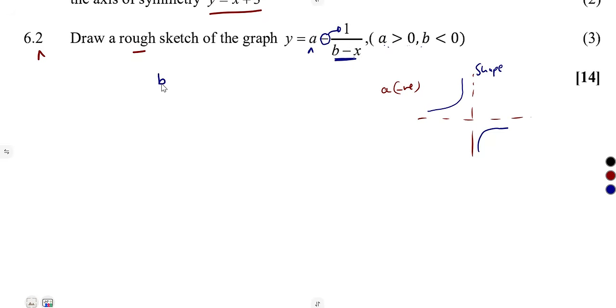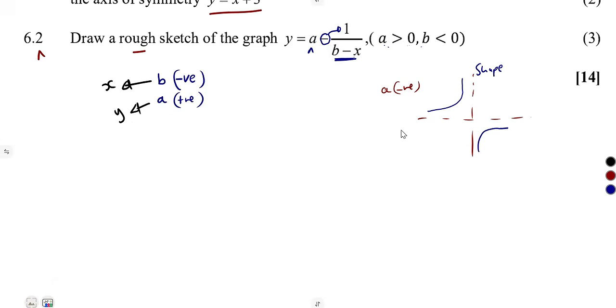So meaning to say B is a negative value. A is greater than 0. So A is a positive value. These are the asymptotes. B for what? The X asymptote. Then A for the what? For the Y asymptote. Remember? So the Y asymptote, which is our A, is positive.